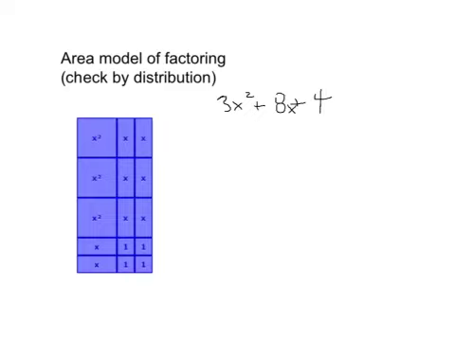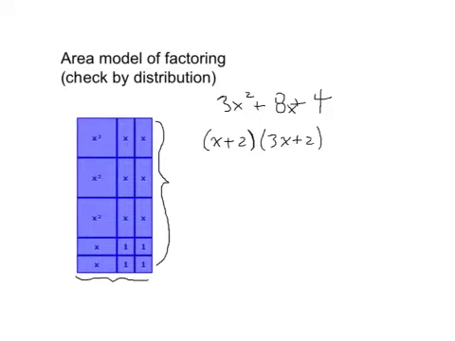Again, we can't use the previous method where we're looking at the factors of 4, but we can use the area model. And so specifically we're going to look at the width, which is x plus 2, and the length, which is 3x plus 2.